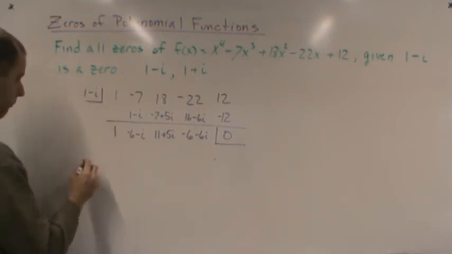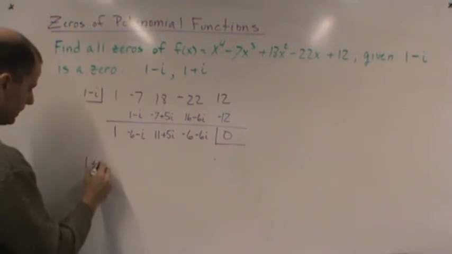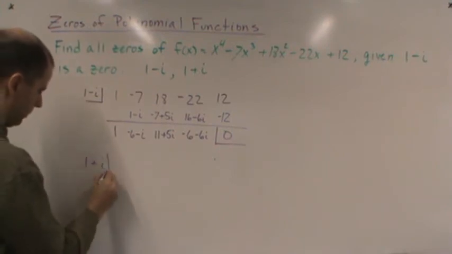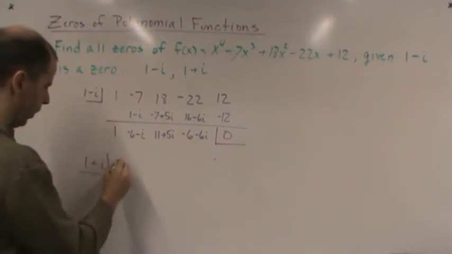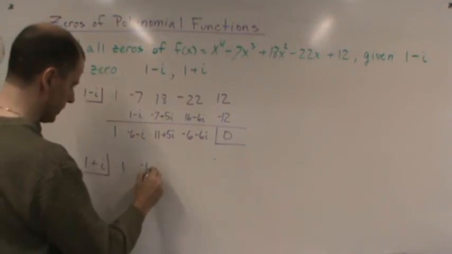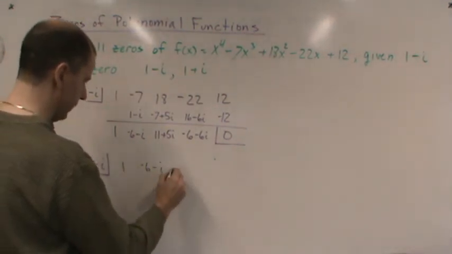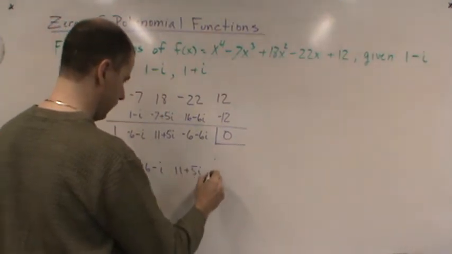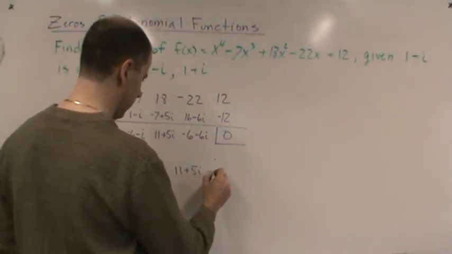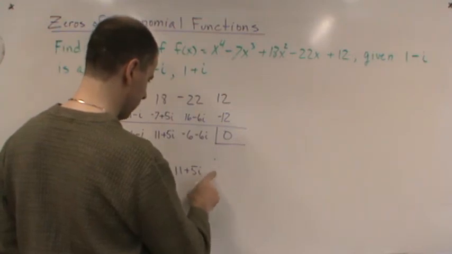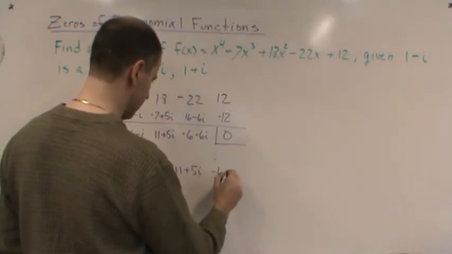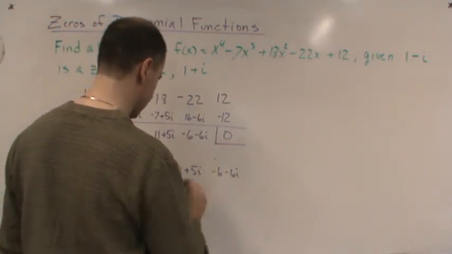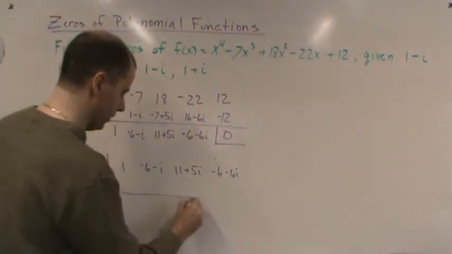So I get 1 plus i, and so I'm going to take the 1, now the negative 6 minus i, and then the 11 plus 5i, and then minus 6 minus 6i.